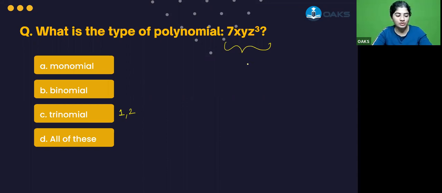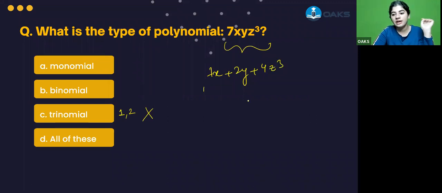We have only 1 term. So trinomial is wrong. Monomial is the correct answer. This can create a little confusion because there are 3 variables, not 3 terms. If it were written like this, 7x plus 2y plus 4z cube, then this is a trinomial. Now it is a monomial.